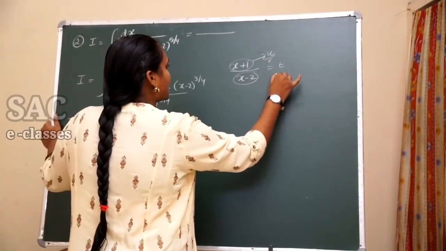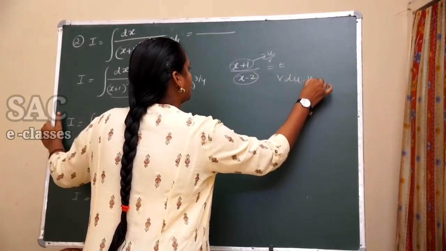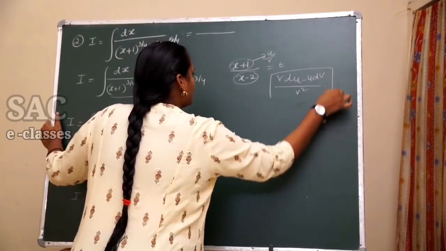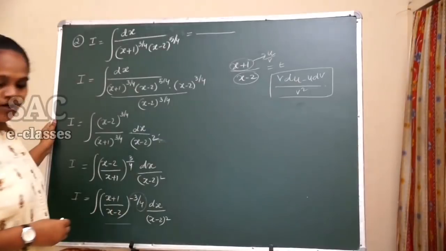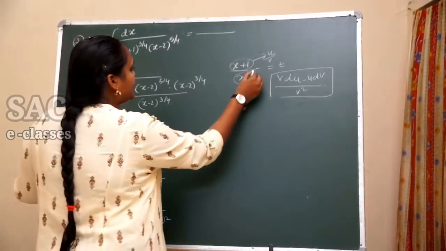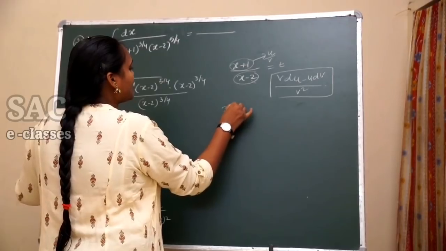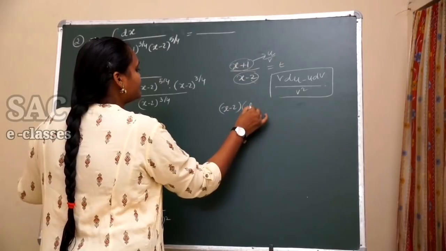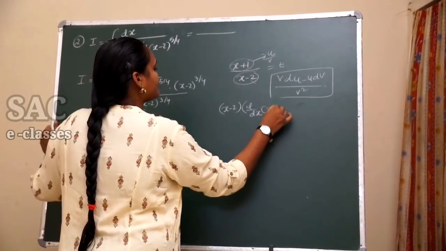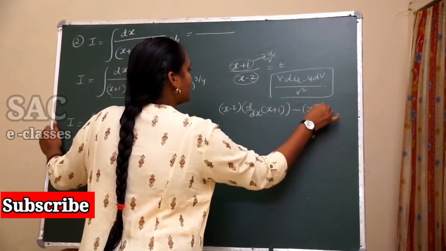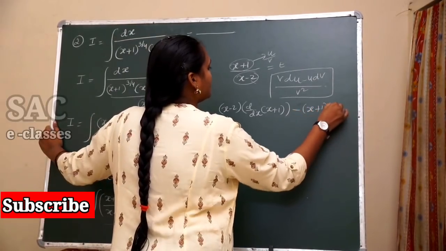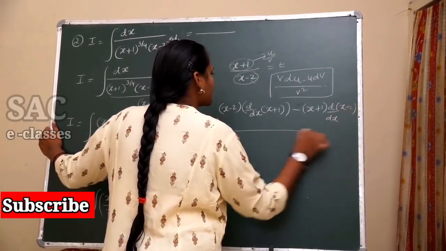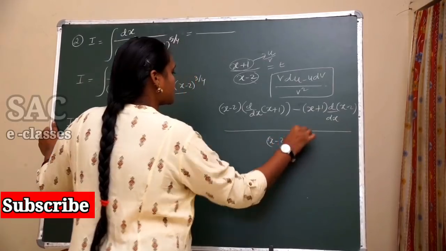We know that the differentiation of u by v is (v du minus u dv) by v square. Now let us write it. It is (x minus 2) into d by dx of (x plus 1) minus (x plus 1) into d by dx of (x minus 2), all by (x minus 2) whole square.